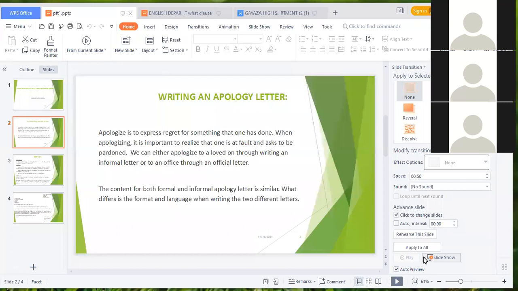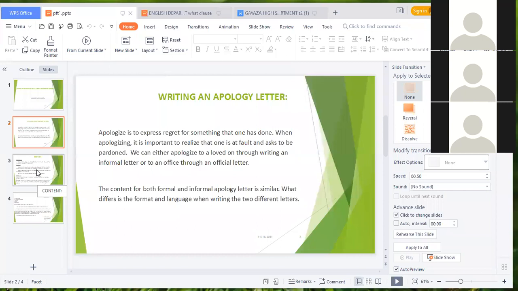What differs is the format and the language. When you're writing an informal letter, you just have the sender's address, and you write dear, maybe dear uncle, and then you go to the introduction, body and the conclusion.